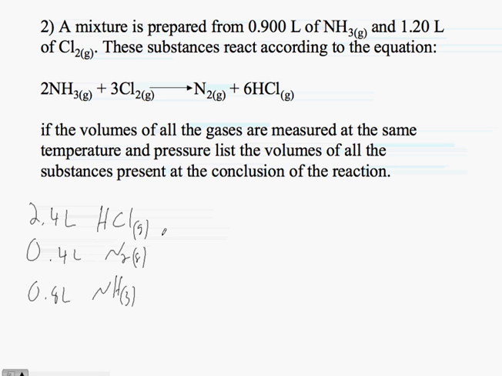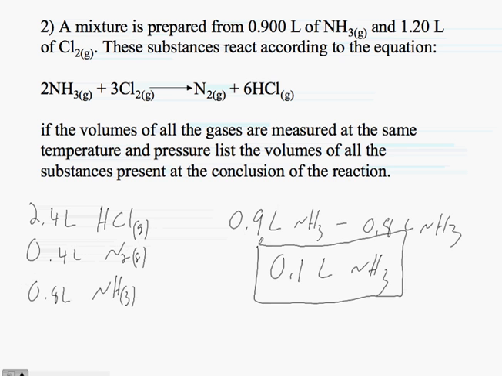So at the conclusion of the reaction we have 2.4 liters of hydrogen chloride, 0.4 liters of nitrogen gas, and we also would have 0.9 liters of ammonia minus 0.8 liters of ammonia, which gives us 0.1 liters of ammonia at the end of the reaction because it was not consumed. So 0.1 liters of ammonia, 0.4 liters of nitrogen gas, and 2.4 liters of hydrogen chloride gas would be present at the end of the chemical reaction.